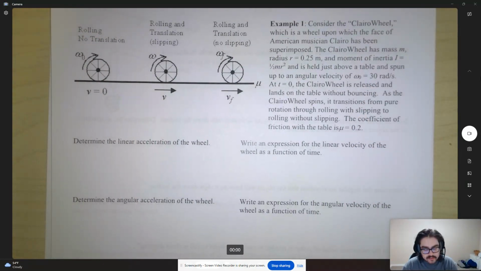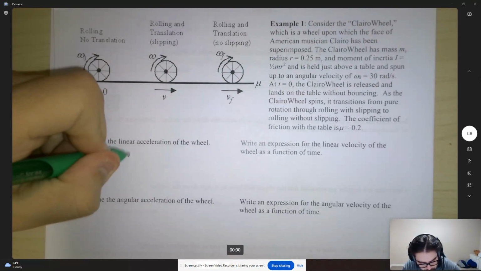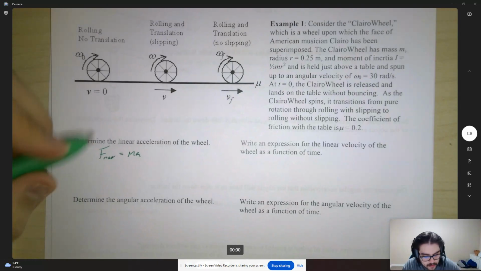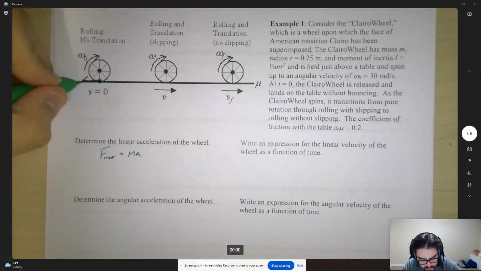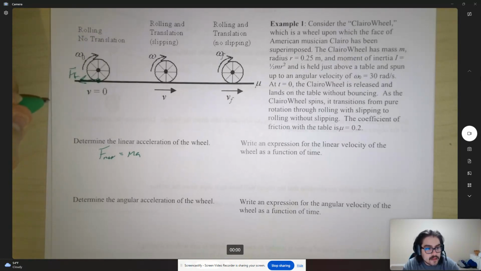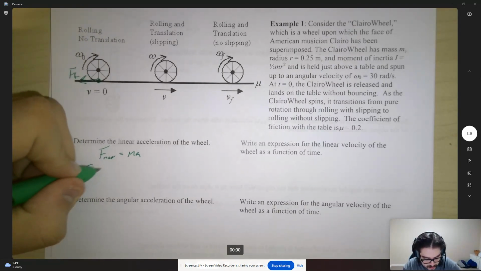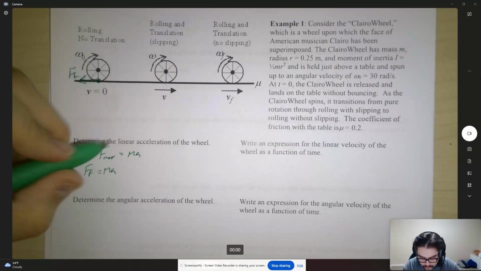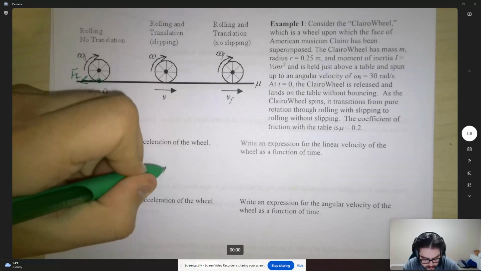To find the linear acceleration of the wheel, I'm just going to use forces. F net equals ma. The only force acting on it is going to be friction, so F sub f equals ma, which means mu F sub n equals ma.